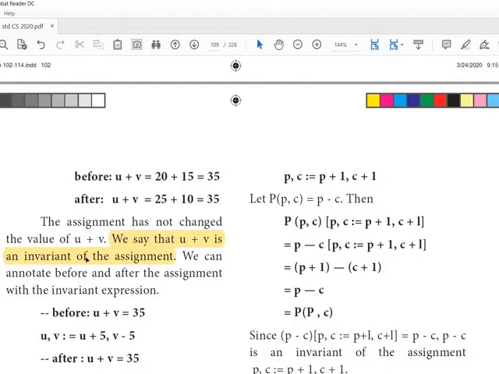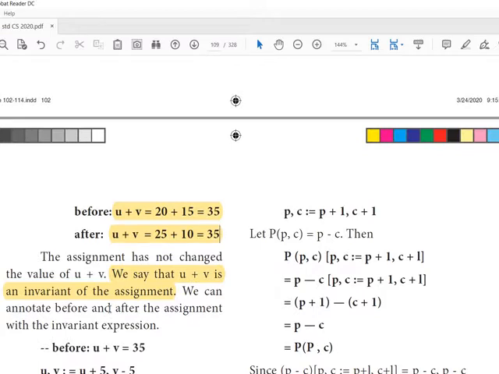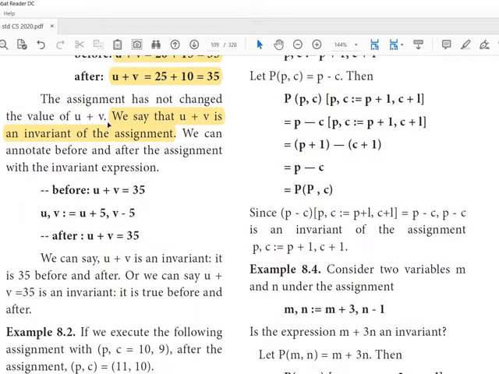Why it is invariant: even though the values of u and v are changed, the content of u plus v remains the same. So u plus v is an invariant, meaning unchangeable, it remains the same. We can annotate the before and after statements with the invariant expression.